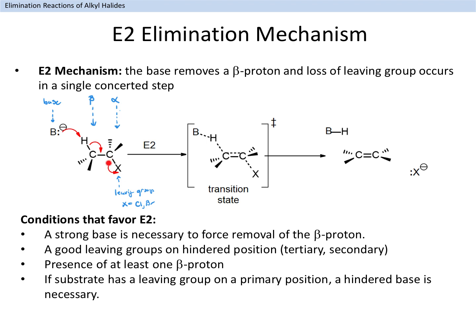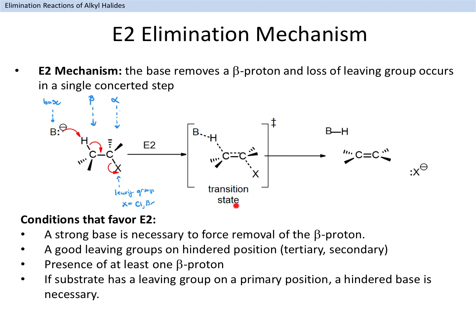A third arrow indicates the departure of the leaving group with its bonding electrons. This simultaneous action, where bond breaking and bond formation occur at the same time, characterizes the concerted nature of the E2 mechanism.